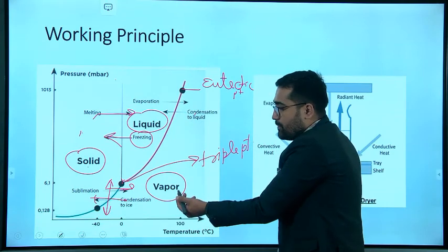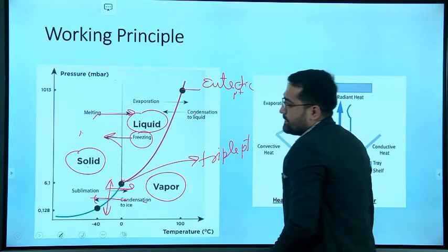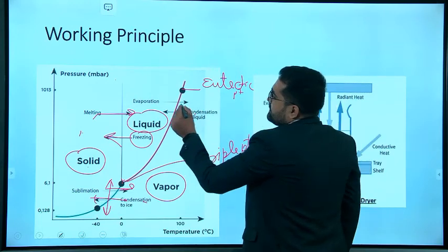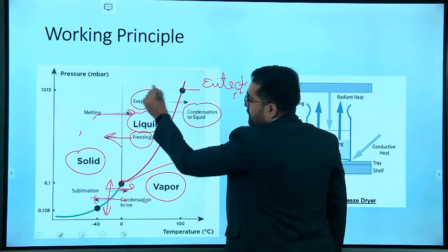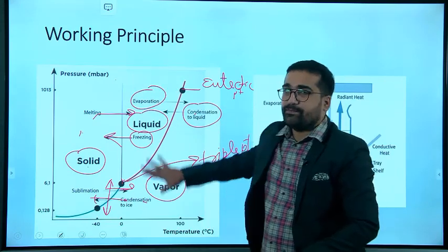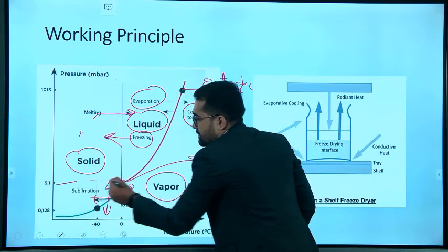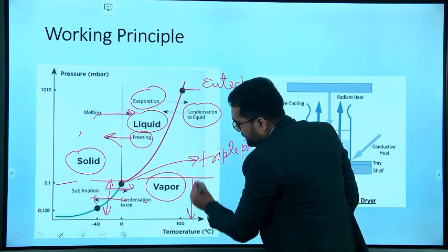But before the triple point, what happens? Sublimation or deposition directly occurs. Condensation or evaporation occurs above the triple point. So these are the basic principles of how sublimation occurs. Sublimation occurs below the triple point.